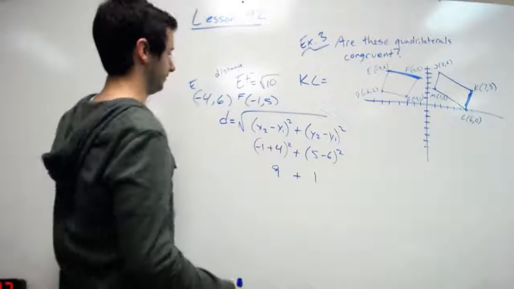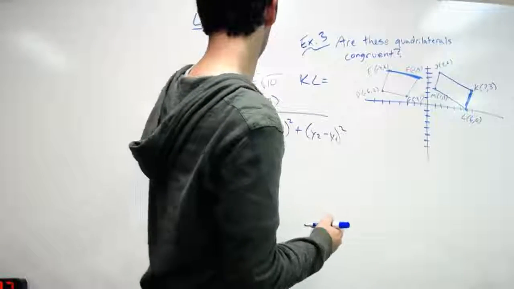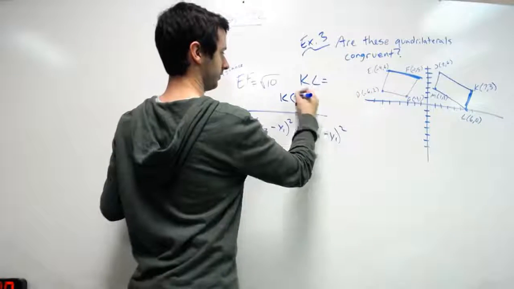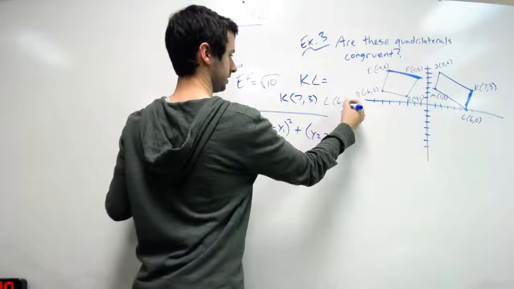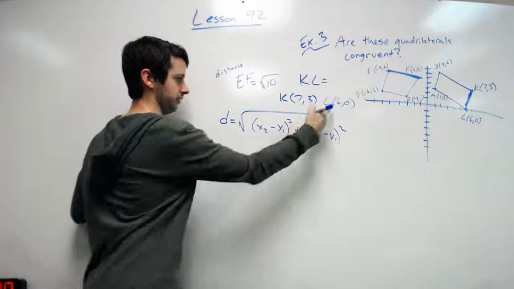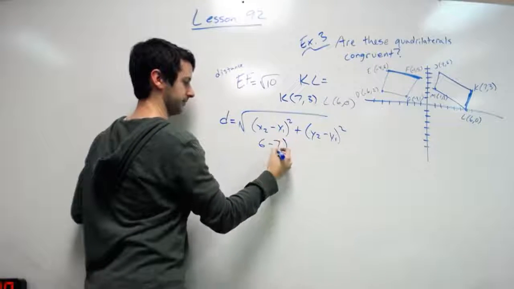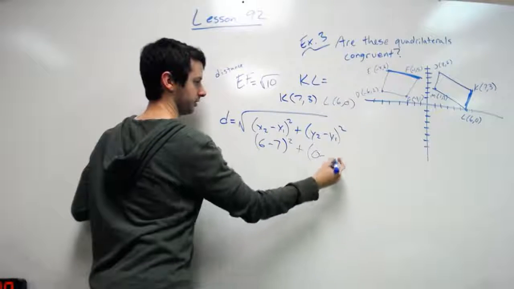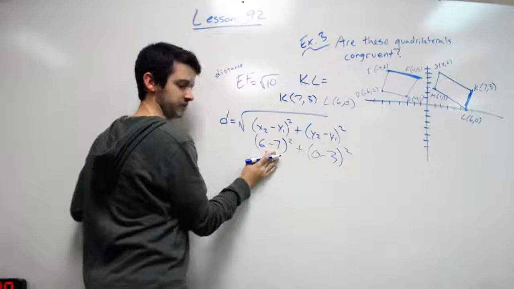Square root of 10. Now, let's look at KL. The coordinates for KL, K is 7, 3. L is 6, 0. So x2 will go 6 minus x1, 7. y2, 0 minus y1, 3. 6 minus 7 is negative 1.